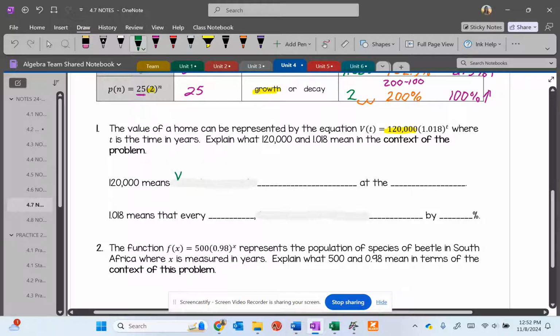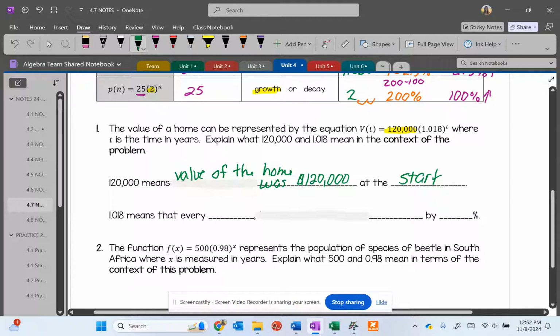Well, this is the value of the home. It was 120,000. When did this happen? Well, at the start. Okay. Now, this is the trickier part.